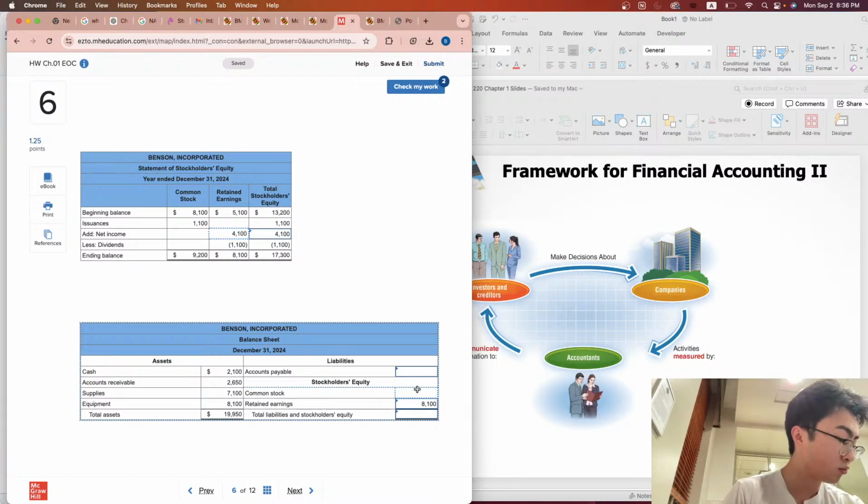And 5,000, right, 9,200. Okay, so we have 13,300 and stockholders' equity. So what we want to do then is take 19,950 minus 17,300. So that gives us 2,650. And then this will be the exact same, so 1,950.